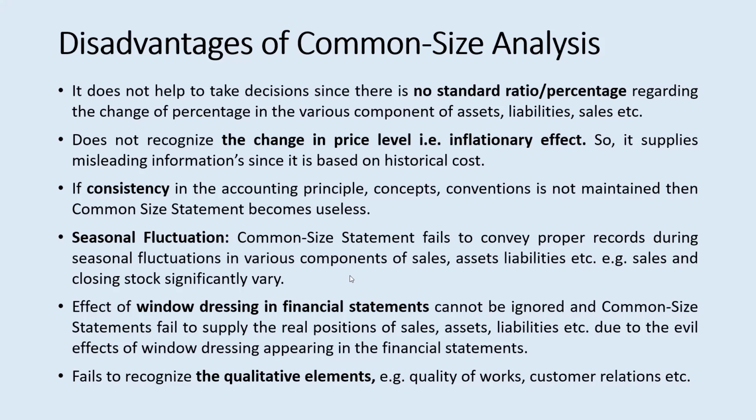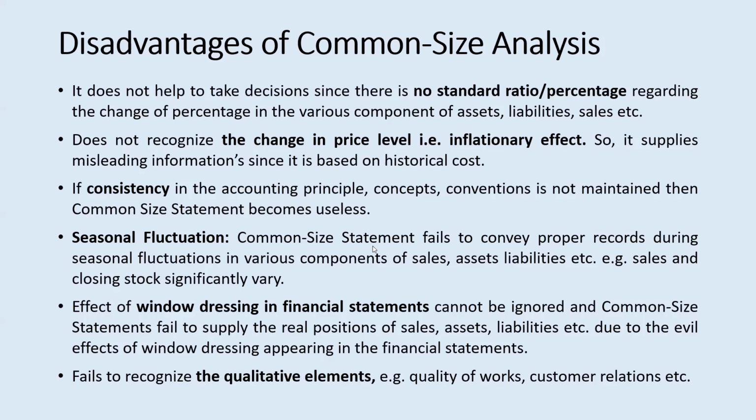If a particular company is using the FIFO method and another company is using the weighted average method, then the inventory figures may be changed. So it's unable to identify the differences between these accounting principles, concepts and conventions, as well as to make a correct decision by using this common size analysis.